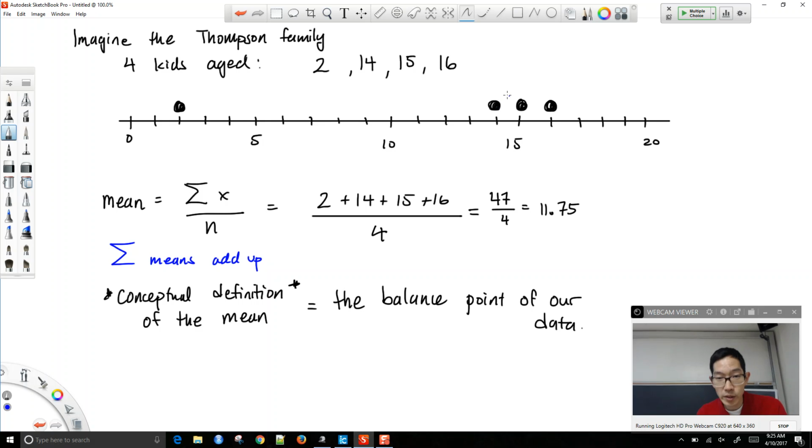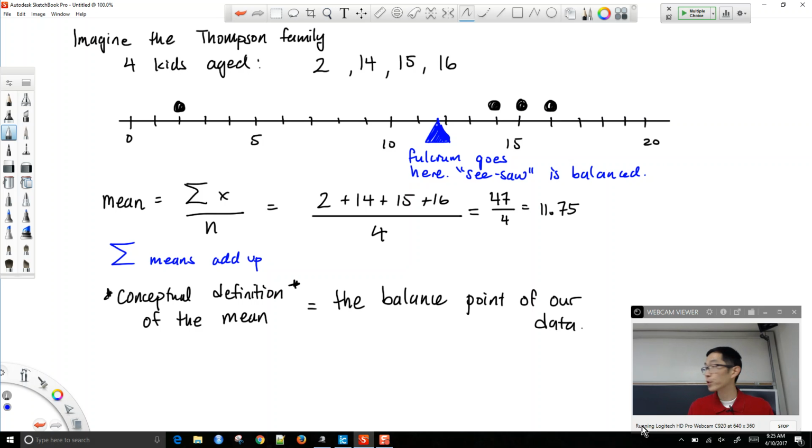If I want this thing to be balanced, then I would put the fulcrum right here at 11.75. Okay, so the fulcrum, the balance goes here. And then our seesaw would be balanced. So this is our balance point.